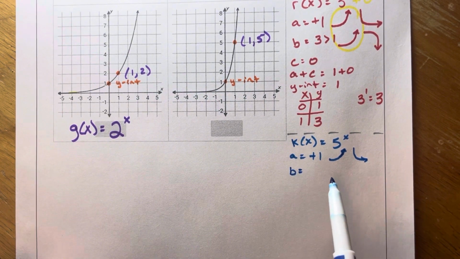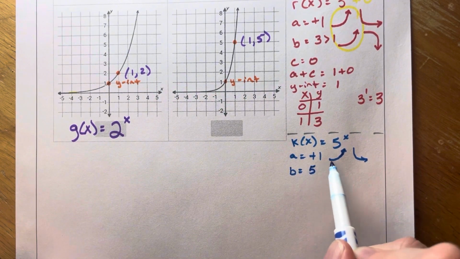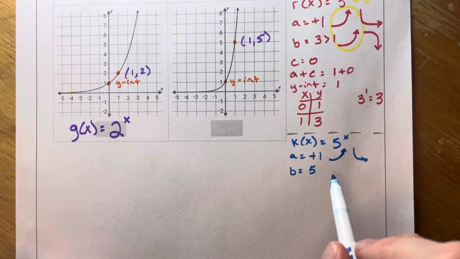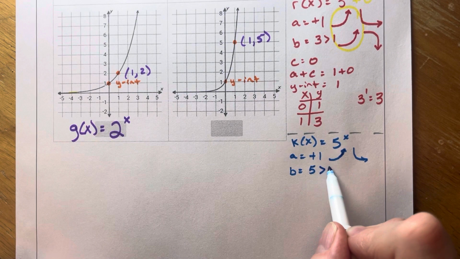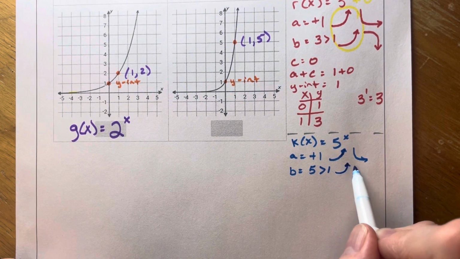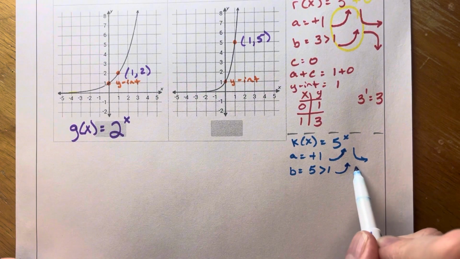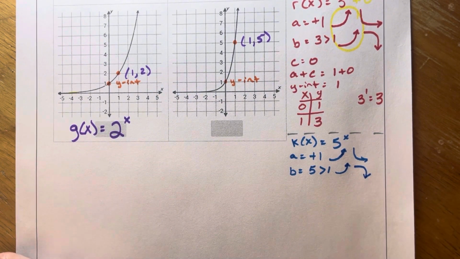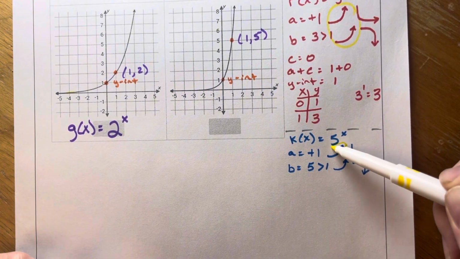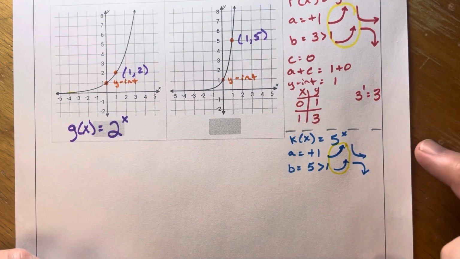And b is equal to 5, because it is our base that has an exponent of x, and 5 is most definitely greater than 1. So its curve travels either steeply upward to the right or steeply downward to the right. And as we've seen before, what a and b have in common is this traveling to the right steeply upward.